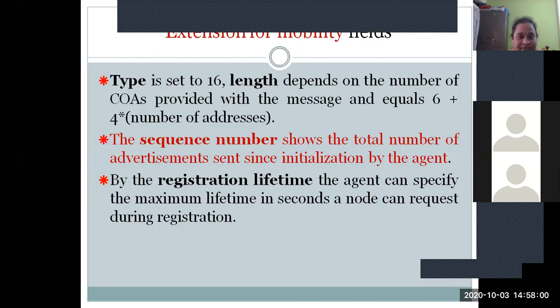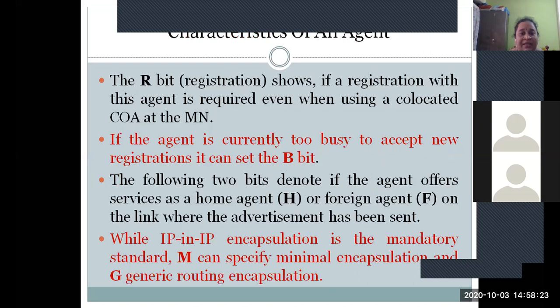That is because we are transferring the data using the particular agent itself. So after registration of the corresponding node with the corresponding agent, the lifetime will be defined. After that lifetime, it has to re-register. Until that lifetime, the node can send the data through the same home agent until its lifetime expires. Okay, these are the fields of the corresponding node.